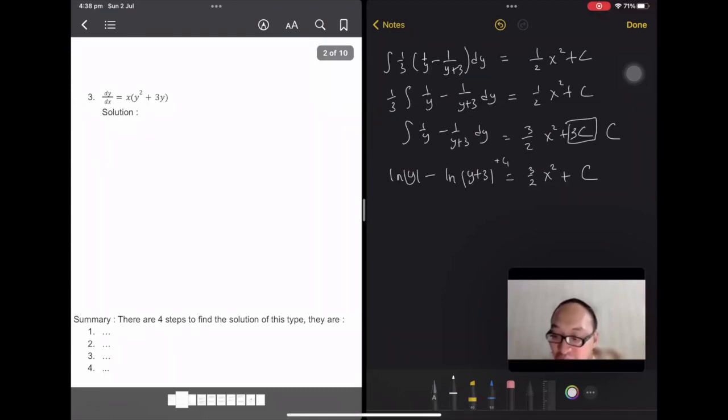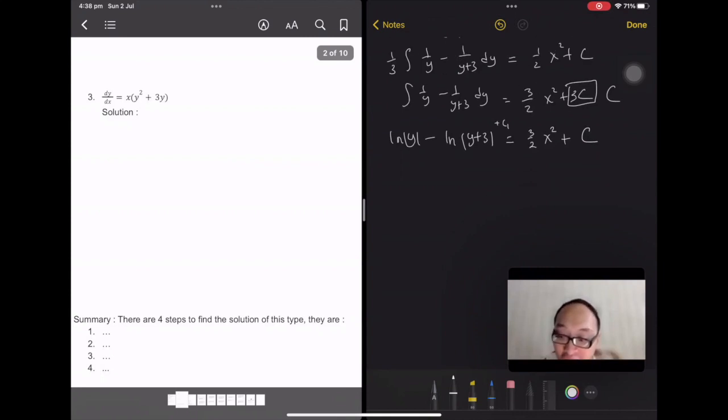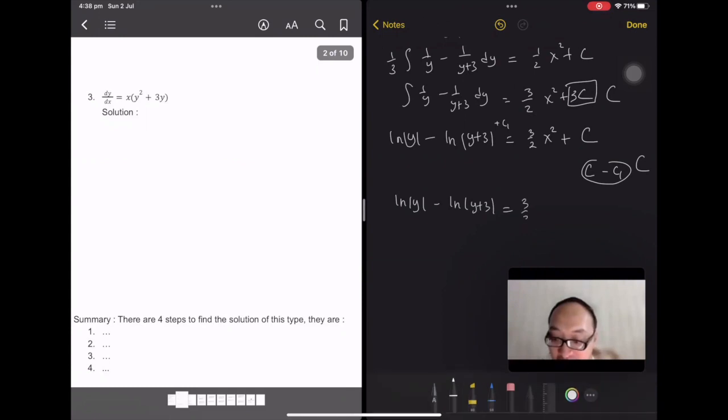So we can move it to the right, c minus c1, and this will become another arbitrary constant. So we can just write ln y minus ln (y plus 3) equals 3 over 2 x squared plus another c.